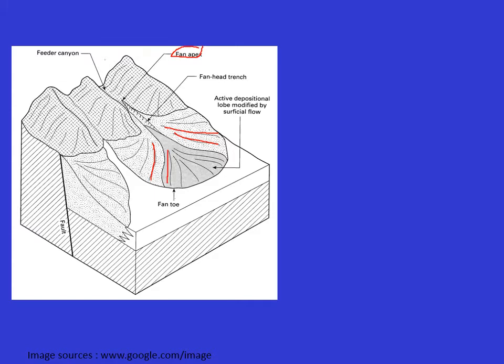The distal part, or the most distant part from the fan apex where these fan deposits are found, that is, you may say also the boundary of these fan deposits, it's called fan toe. It is the most distal part of the alluvial fan.